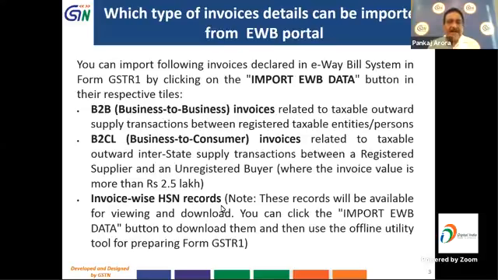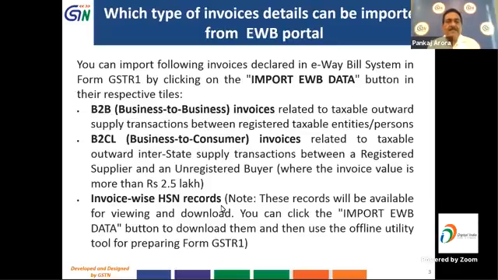So to begin with, I must say that this feature is available for import in three tabs of form GSTR1. The first is B2B, business to business invoices, which relates to taxable outward supply transactions when the supplier is a registered taxable entity and the receiver is also registered with GST systems.